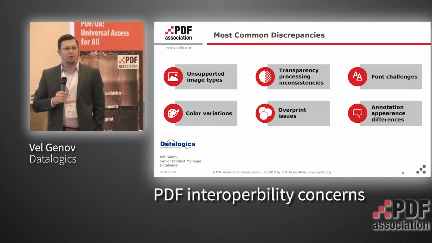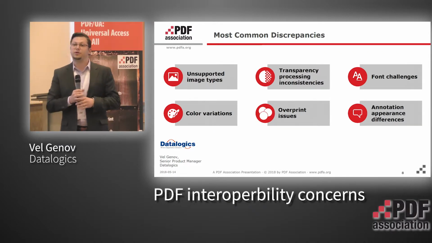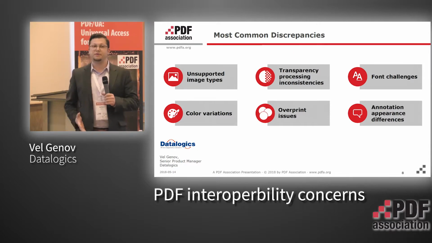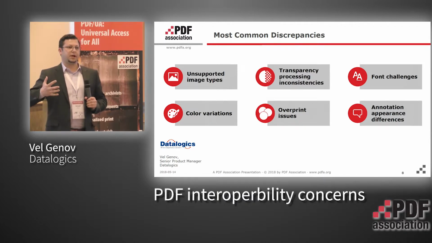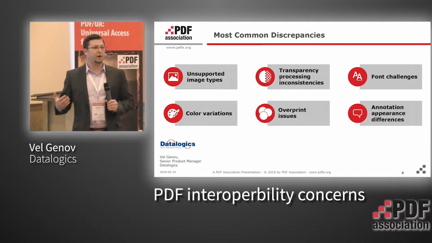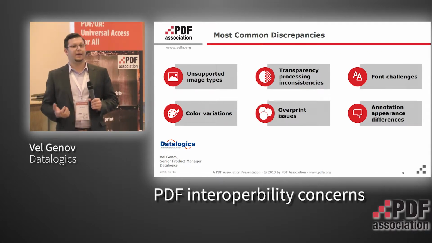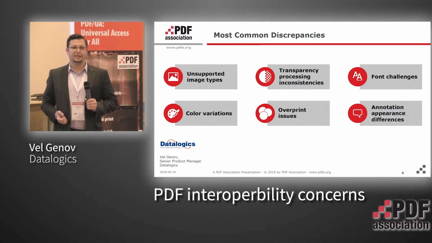Overprint issues. So overprint happens when inks are laid on top of each other. So overprint pretty much defines the way inks are going to interact, which is obviously very important for print. So now imagine that your PDF processing engine has to be able to figure out how these inks are going to interact and then display that on a monitor. So this is a fairly complex issue.